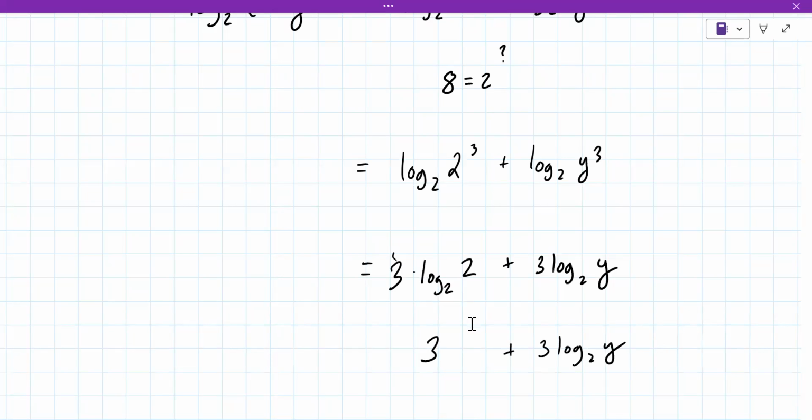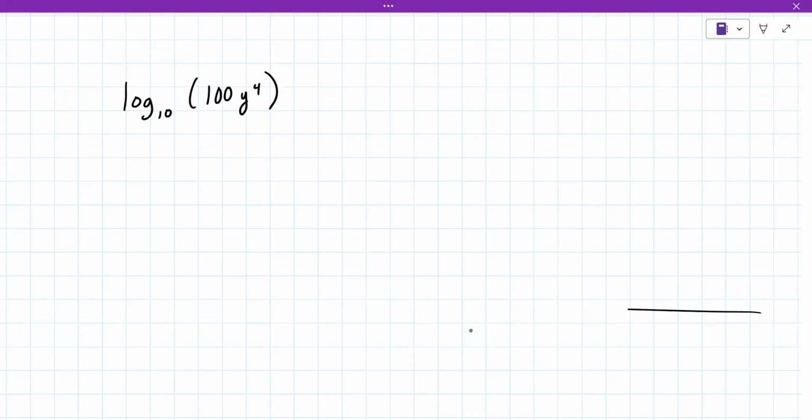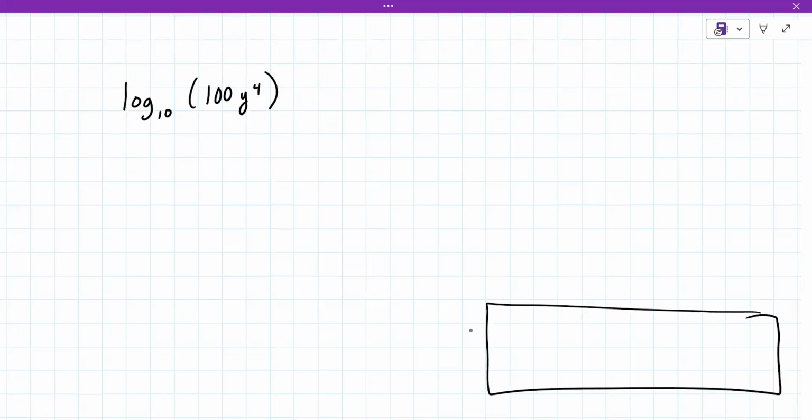All right, you ready to try one on your own? Yeah, I'll try. All right, so let's say it's log base 10 of 100 y to the 4th. Go ahead and give that a try. I just want your final answer, so work it as far as you can and let me know what you come up with.